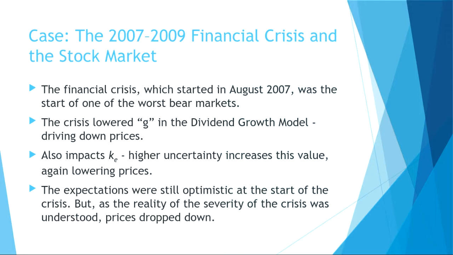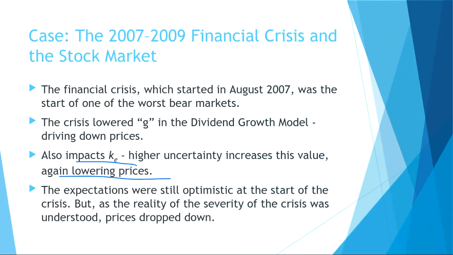Plus, because of the uncertainty, the investors require a high return, right? It's shown as KE, and in our notation RE. The investors require a high return. Then, of course, it again lowers the prices once again, right?